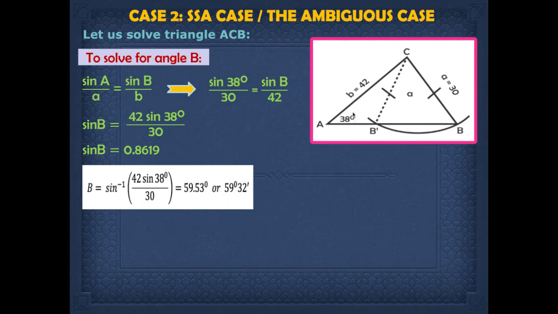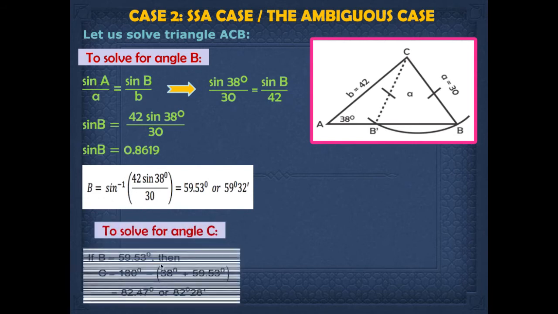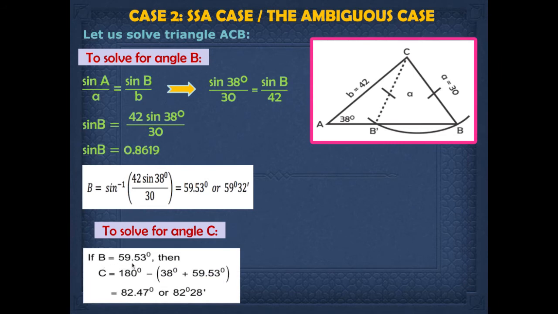So now we have angle A, we have angle B. Now let's try solving for angle C. If B is equal to 59.53 degrees, then angle C will just be equal to 180 degrees minus the two angles, which is 38 and 59.53 degrees.